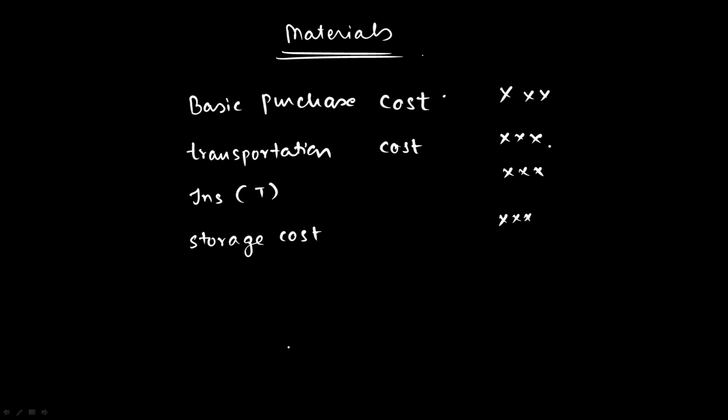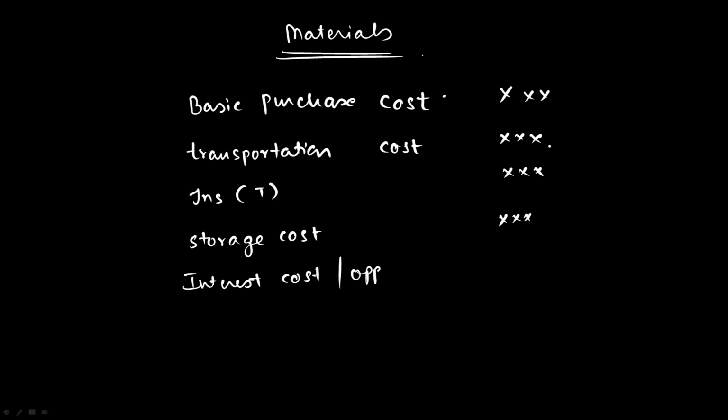If you purchase raw material, will your money be blocked? Yes. Till the time you sell your goods and get money from your debtors, your money will be blocked in material. If the money is blocked, what cost do you incur? Either interest cost or opportunity cost.